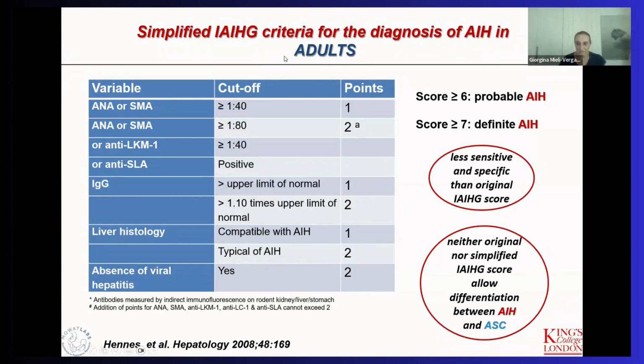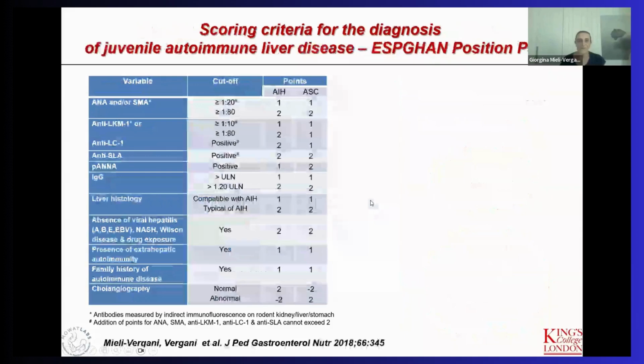For this reason, the ESPGHAN has published a position paper for the diagnosis of juvenile autoimmune liver disease, with scoring system and scoring criteria. And you can see immediately that the titer of the autoantibodies, which are considered positive in children, is much, much lower than the one in adults.